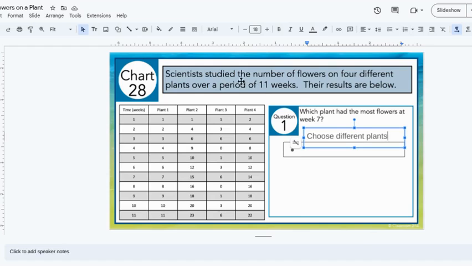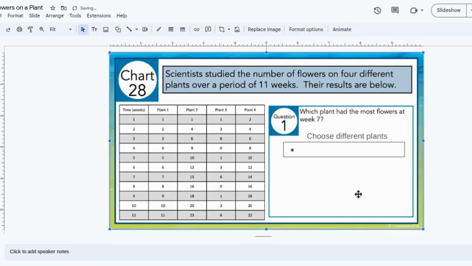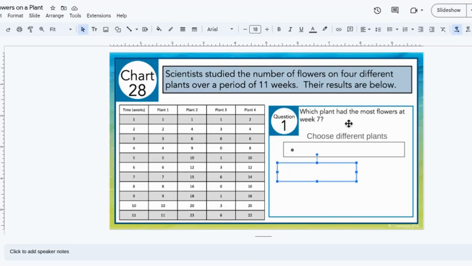So whatever you measure, I'd say 9 out of 10 times, is going to be your dependent variable. So scientists studied the number of flowers. So we're going to say that the number of flowers is our dependent. Number of flowers. Oh, that erased. Where'd we go? The number of flowers is our dependent.